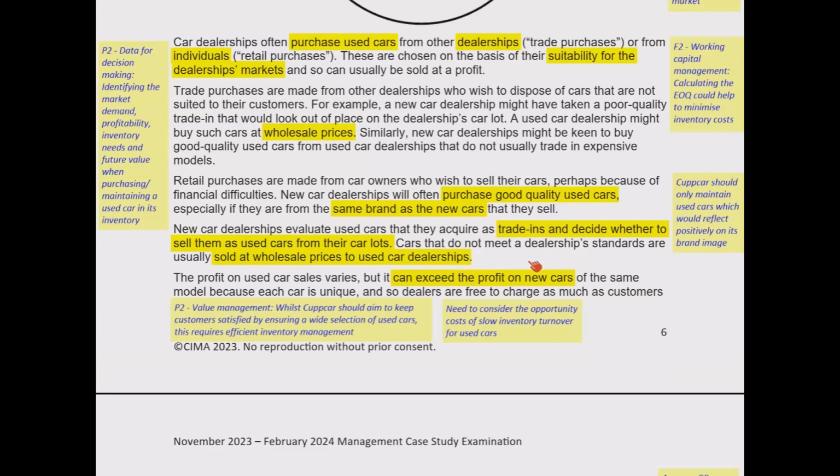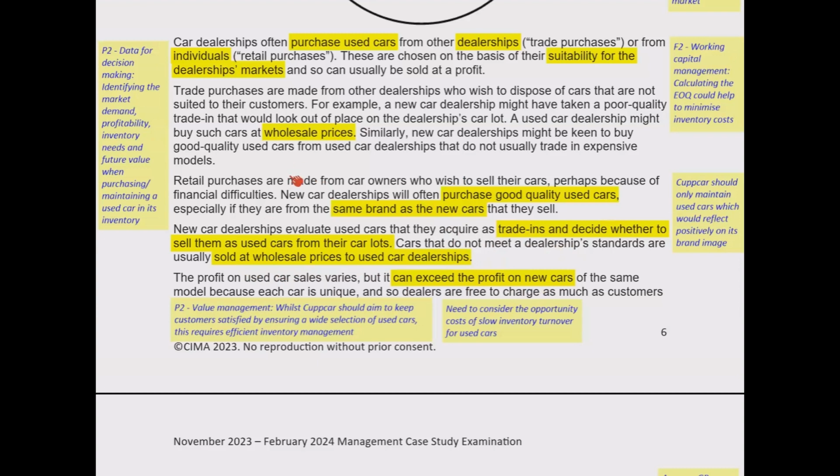And then it points out, as I've already said to you, that what a dealership might do, if they get a car in that they don't want to keep, that doesn't fit with the kind of customer they've got, they can obviously sell it on to other used car dealerships or to an online used car type of dealership. Doesn't have to be a physical one.